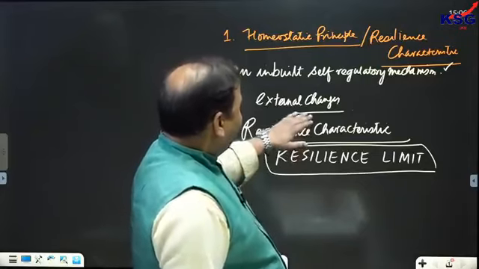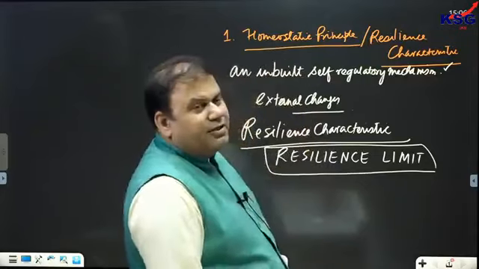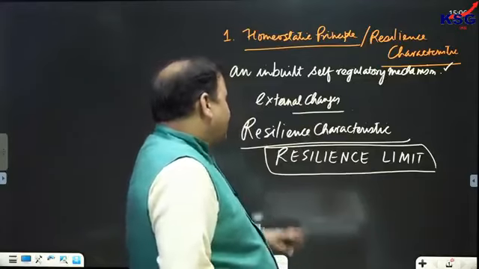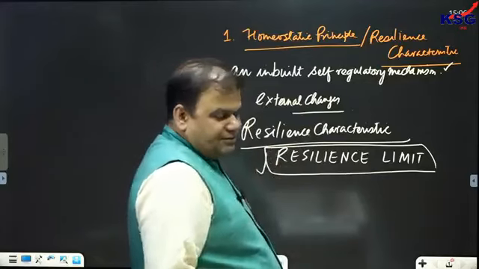Now we have defined that this adjustment can be done to a certain level only. So this level would be called the resilience limit.